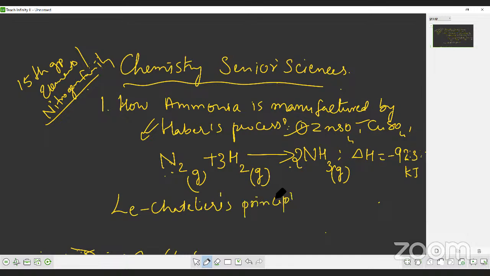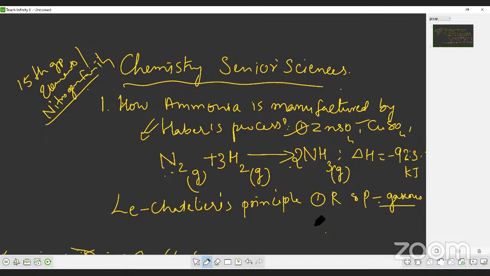Now, for what reactions is this principle applicable? The first condition is when the reactants and products are in the gaseous state, you can apply Le-Chatelier's principle.